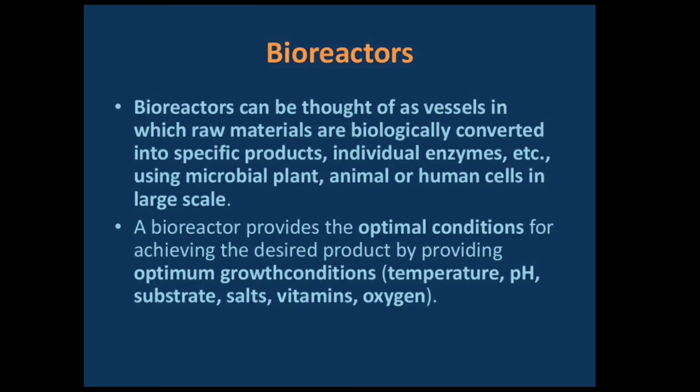Small volumes of cultures cannot yield appreciable quantities of products. So, to produce in large quantities, bioreactors were developed where larger volumes like 100 to 1000 liters of culture can be processed.